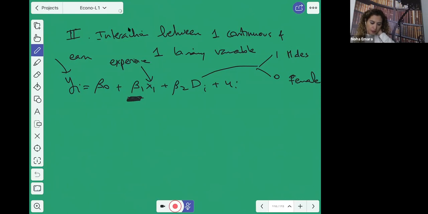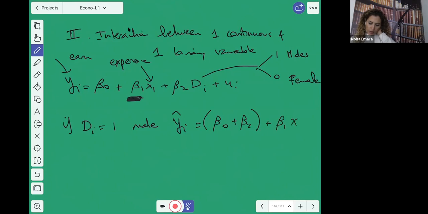Okay, so let's see. If di is equal to 1, then this is the equation for a male worker, for example. Then the yi hat would be equal to beta naught, right? Plus beta 2, because beta 2 is multiplied times 1, I can combine it with the intercept, plus beta 1 x.